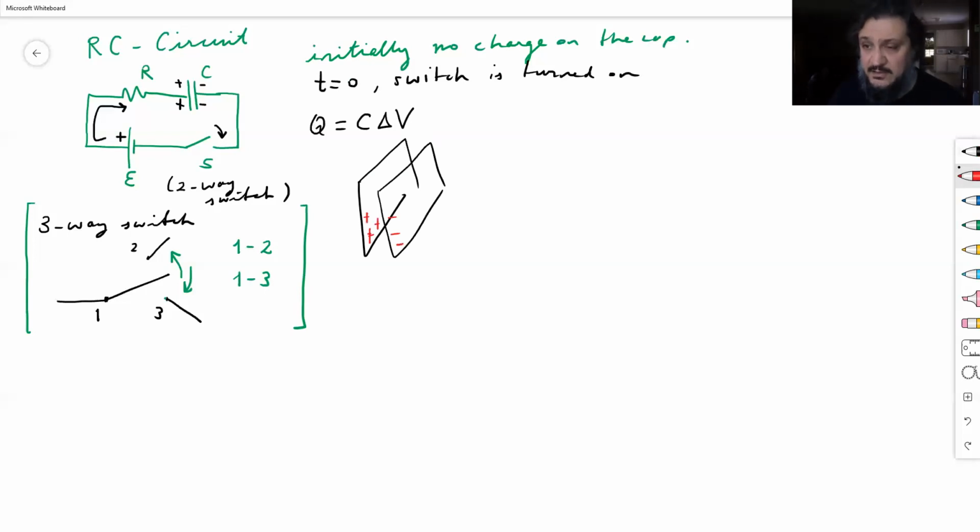Until when? Until there's no more space, if you will. The capacitor has a certain capacitance. It can't hold any more charge than that. So when it's full, there won't be any current anymore. And then this equation will give you the total charge on the capacitor.